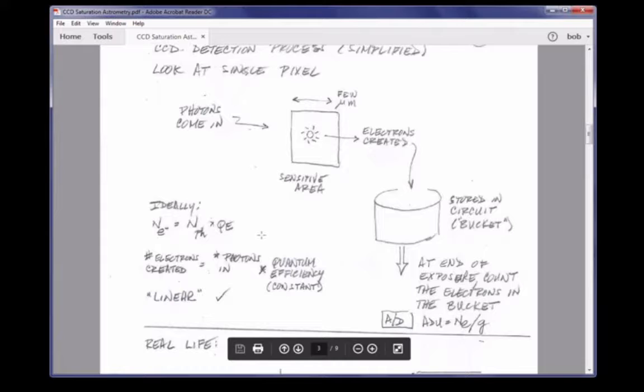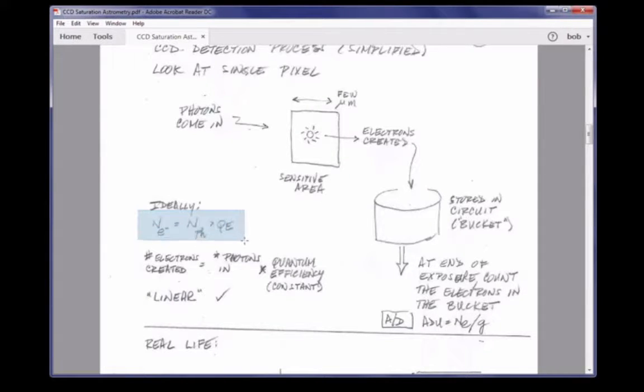How many electrons are accumulated? You'll see if you read about the physics of what's going on here. If N photons come in, there's a parameter called the quantum efficiency. N times the quantum efficiency gives you the number of electrons that are created.